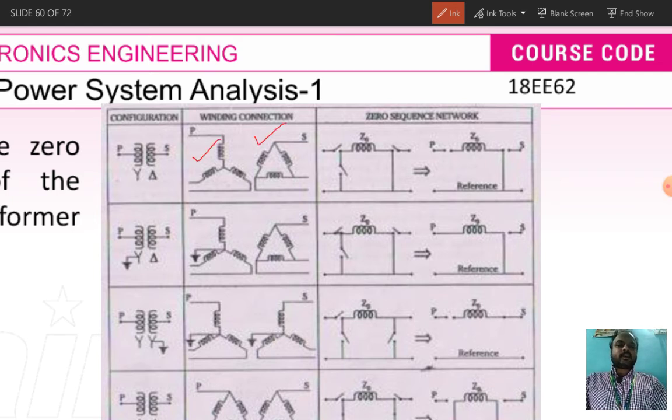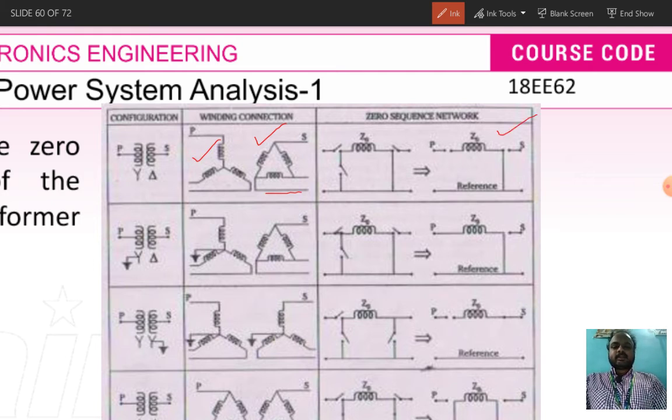There is no neutral connection here, so the series switch and shunt switch both will be open. Coming to the delta type, the shunt switch should be closed and the series switch should be open here. So if you draw using the reference and sequence network, you will get it like this.